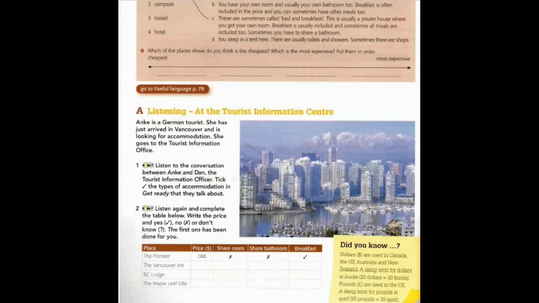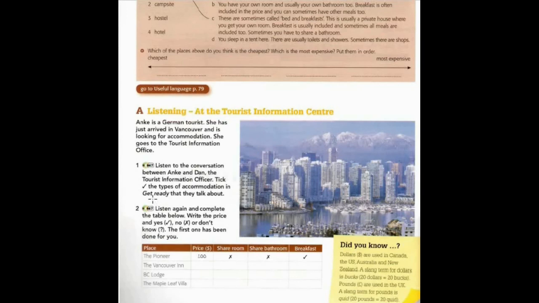Let me tell you that dollars are basically used in Canada, the United States of America, Australia, and New Zealand, while the informal slang term for dollars is bucks. So you can say $100 or you can say 100 bucks. And even pounds are used in the UK, while the informal term for pounds is quid. So you can say 80 pounds or 80 quid.